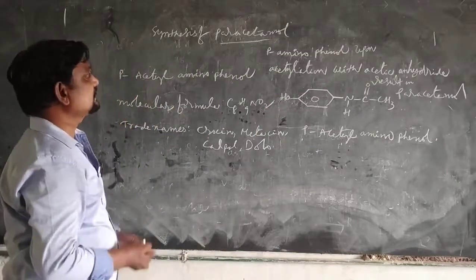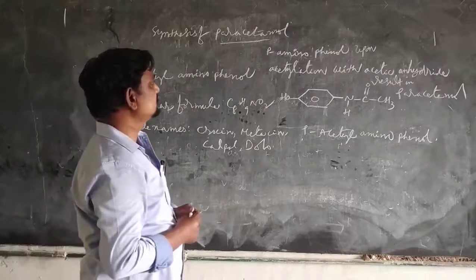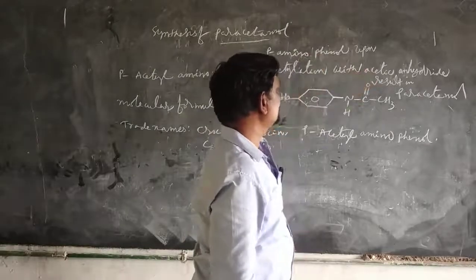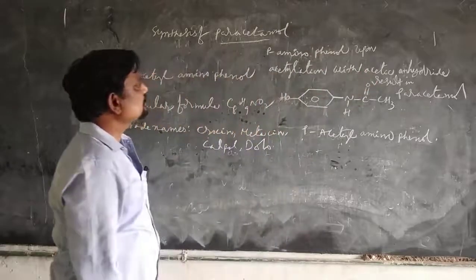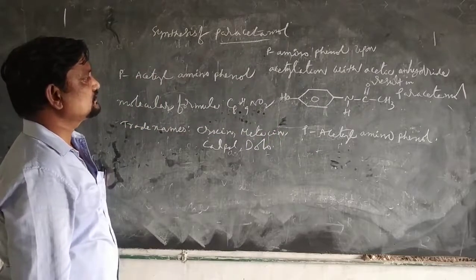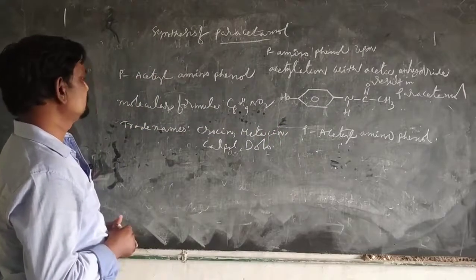So the initial requirement chemicals are para-aminophenol and acetic anhydride. Para-aminophenol is treated with acetic anhydride upon acetylation to give paracetamol.